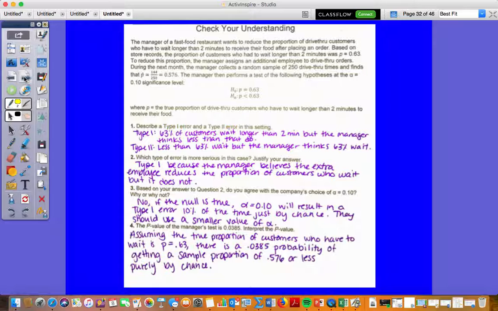Correct. That's perfect. But you wrote it differently. Yeah, kind of, but it's the same. So what did we say? We rejected the fact that this was true. If we reject, we're accepting what we think: the proportion is less than 0.63. But in reality, it's what? 0.63. Does that make sense?